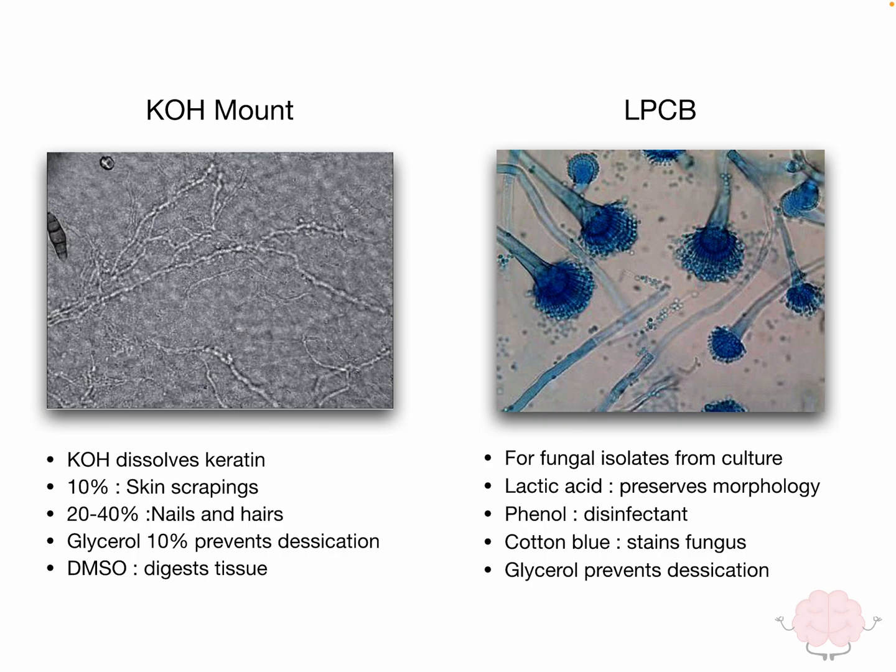In lactophenol cotton blue, the lactic acid preserves the morphology of the structures, and phenol acts as a disinfectant. Cotton blue stains the fungi, and the glycerol which we add in addition to it prevents desiccation.